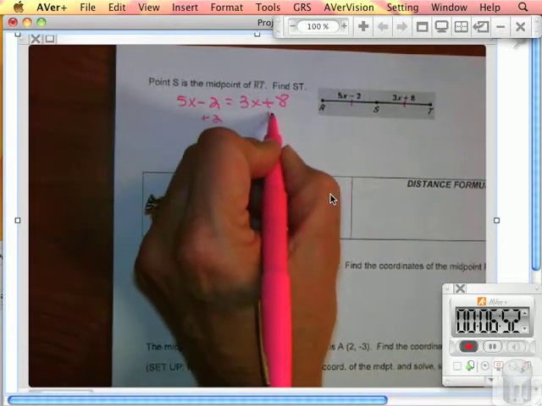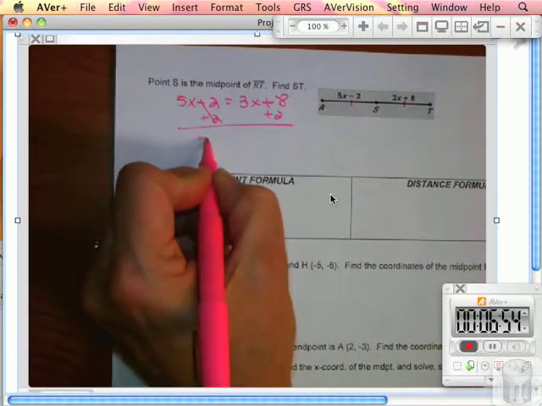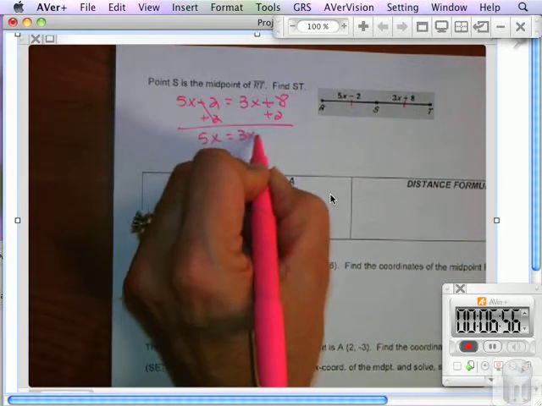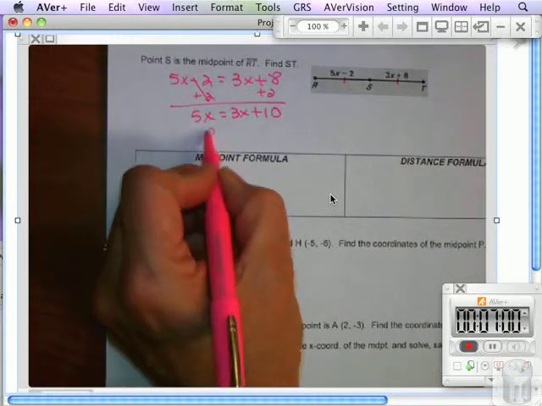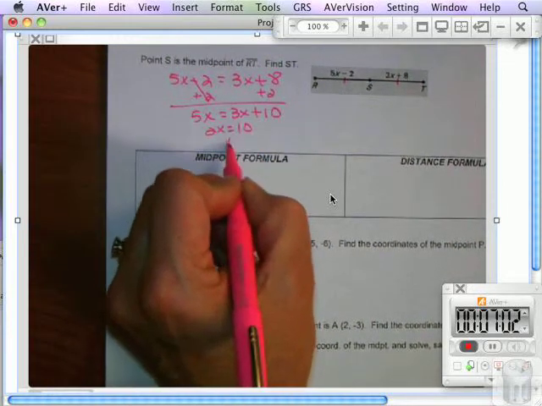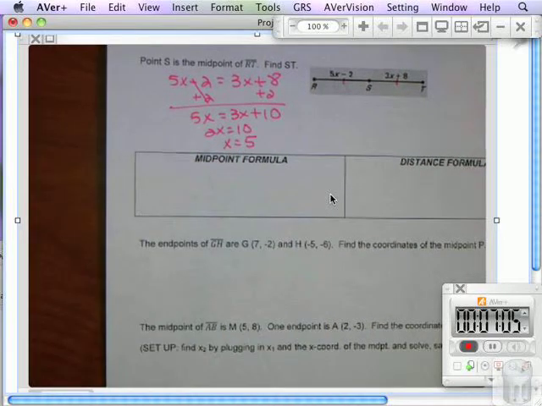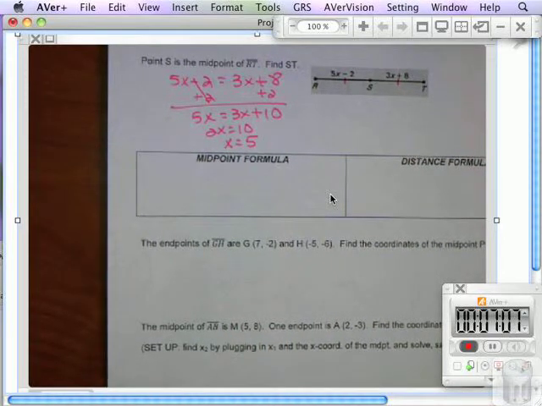Whichever order you'd like to take, just find out what x is. Am I done? Of course not. I found x.